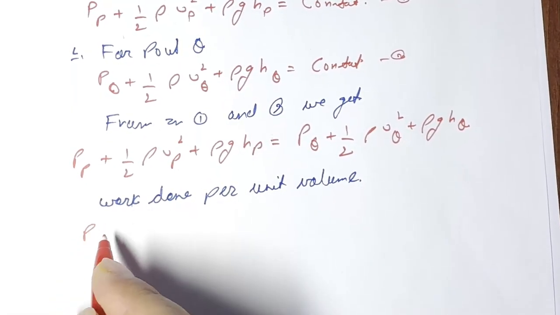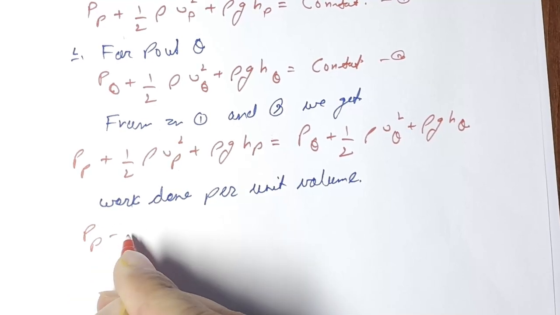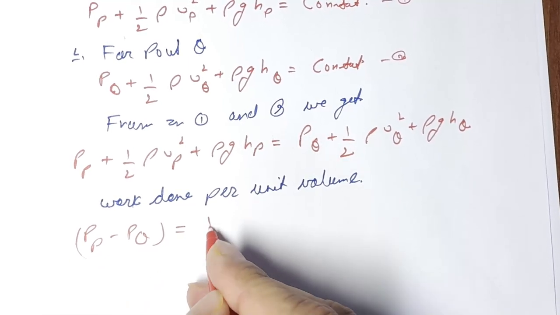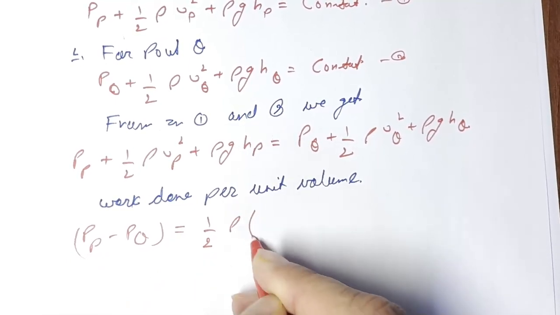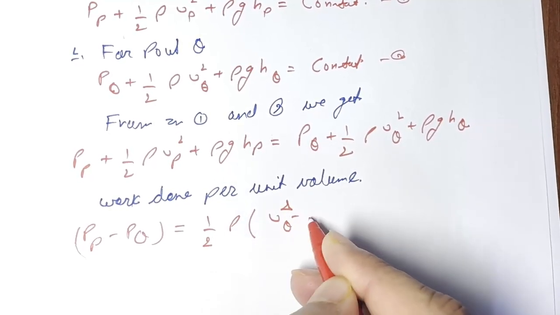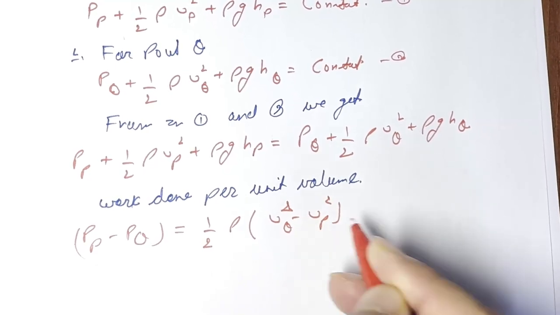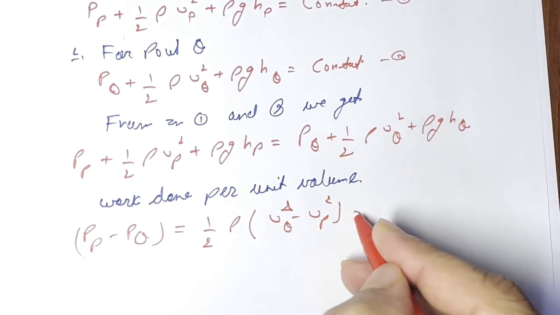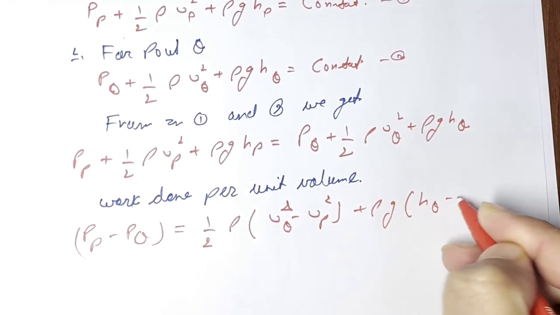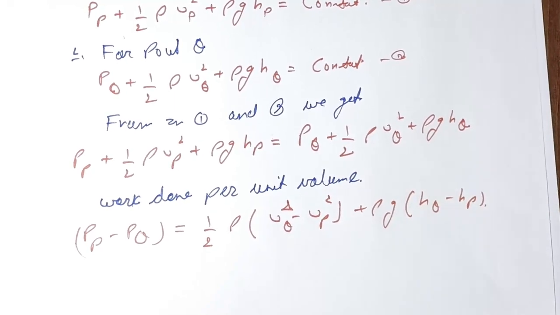We get pressure at point P minus pressure at point Q will be equal to half rho times VQ square minus VP square, plus rho g times height of Q minus height of P.